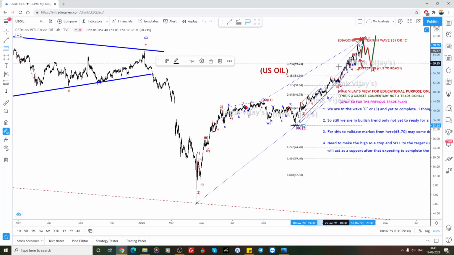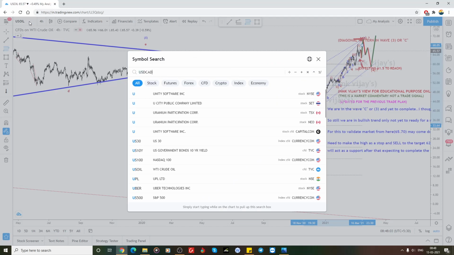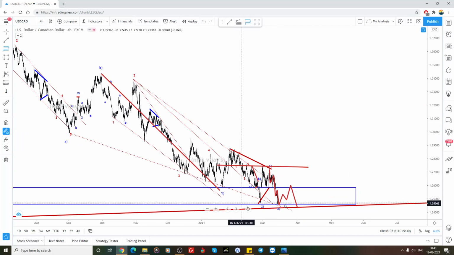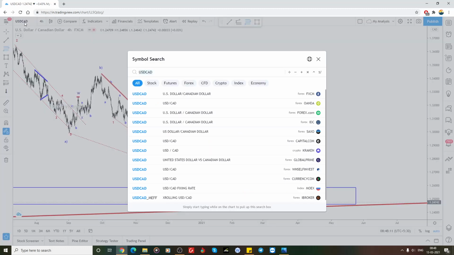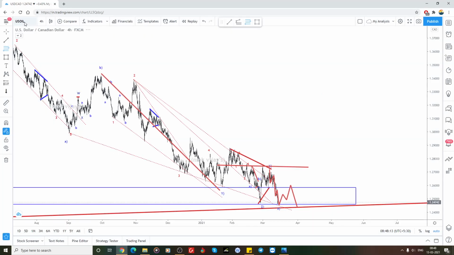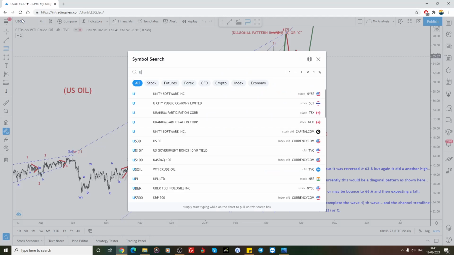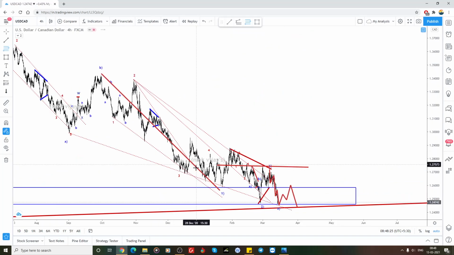So here is a decision zone, and USDCAD also is going to make one more pullback for that B wave. It's already broken the low. So in that category, US oil also got rejected here, and whether it is making one more wave, and that is the end of the trend, means here also in USDCAD it is going to end.